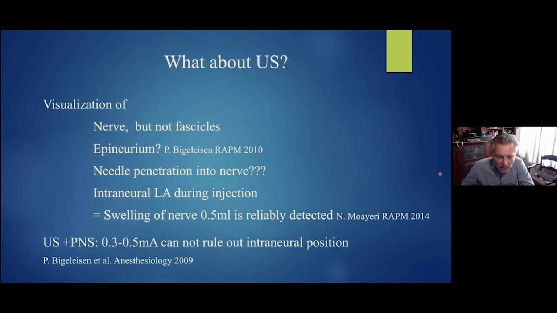Well, Moyari proved that you could reliably detect an intraneural injection when you had a swelling of the nerves with 0.5 ml of your local anesthetic solution. And with ultrasound and peripheral nerve stimulator together, with a stimulating current of 0.3 to 0.5, you cannot rule out an intraneural position of your needle.